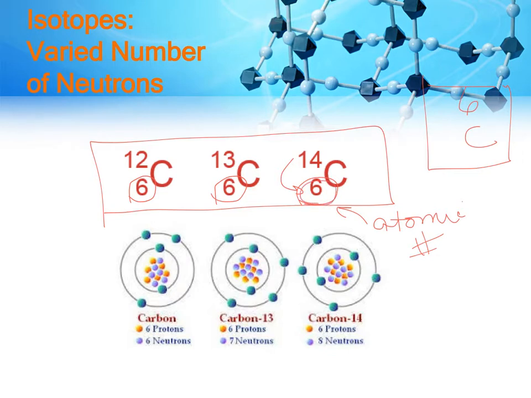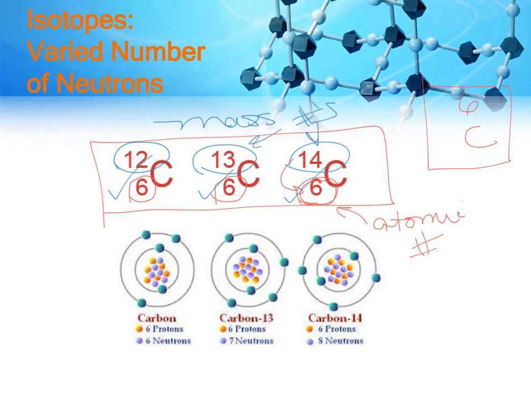There's a good reason for that, which I'll tell you in a minute. But back to the isotopes of carbon. They all have the same number of protons, but they have different masses. The top number is called the mass number. The masses are different because they have different numbers of neutrons.